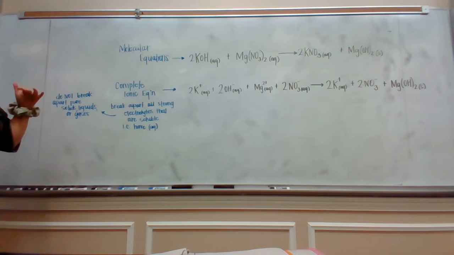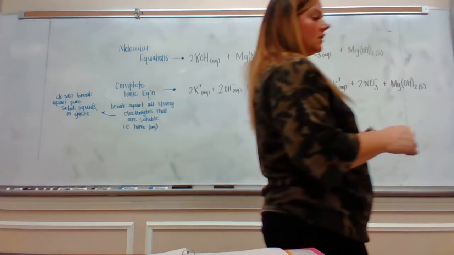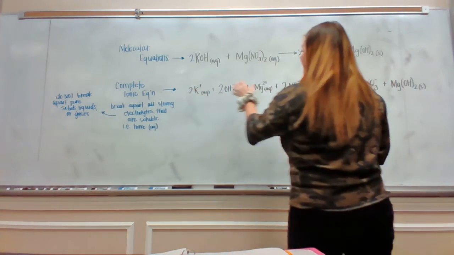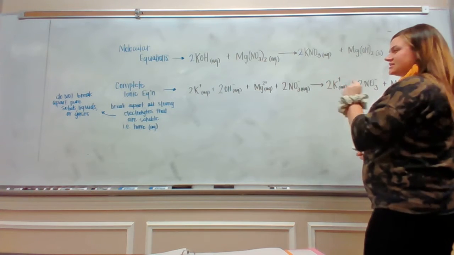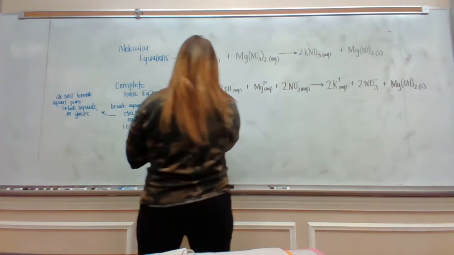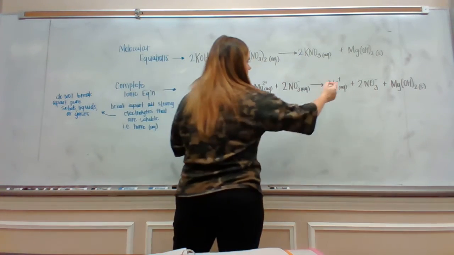But there's some fluff that we could get rid of. From the reactant side to the product side, you'll notice that potassium doesn't change. On both sides, I have 2 K+ ions that are by themselves.